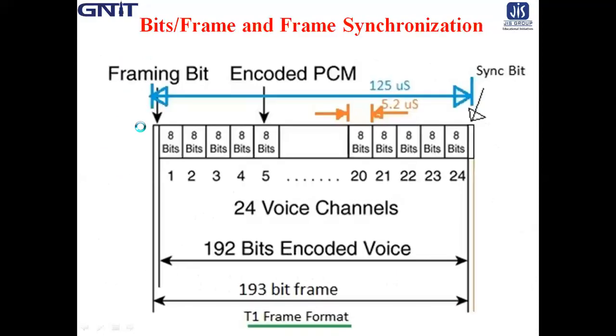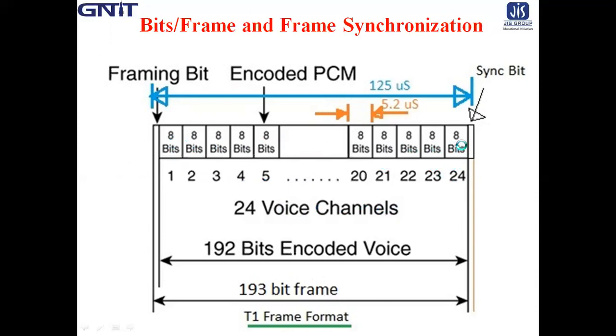that is 192. Say 8 bits each for samples 1, 2, 3, 4, 5. That is the S1, S2, S3 voice channels, up to 24 voice channels present. That is called one frame, and each sample is encoded into 8 bits.